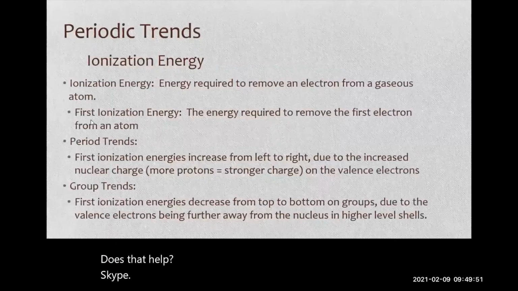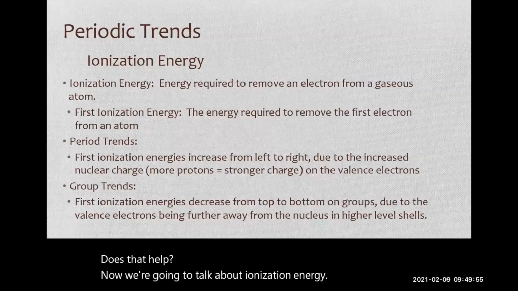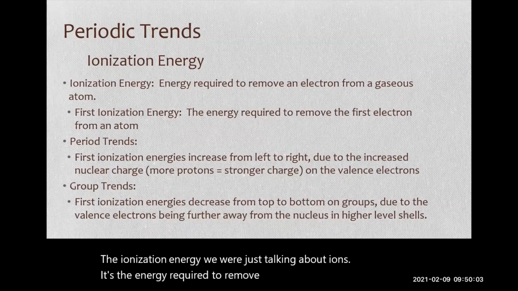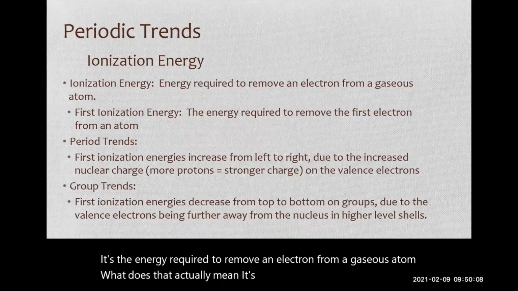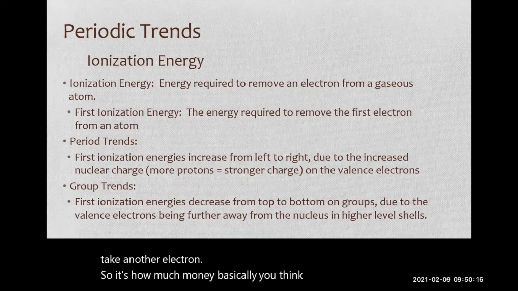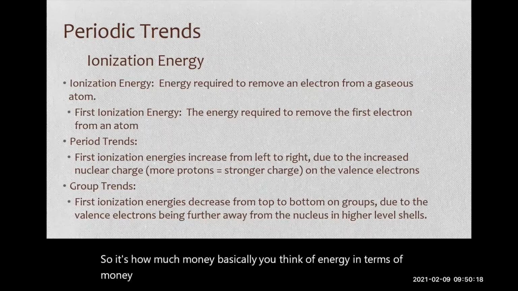Now we're going to talk about ionization energy. The ionization energy, we were just talking about ions. It's the energy required to remove an electron from a gaseous atom. What does that actually mean? It's the energy required to take another electron. So it's how much money, basically you think of energy in terms of money, it's how much money you have to steal somebody else's electrons.